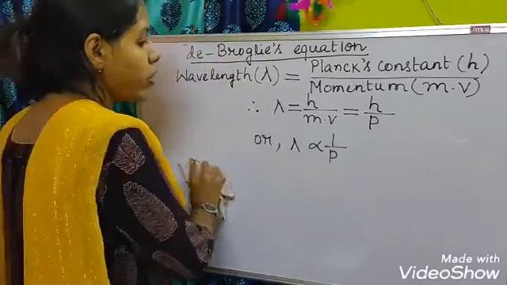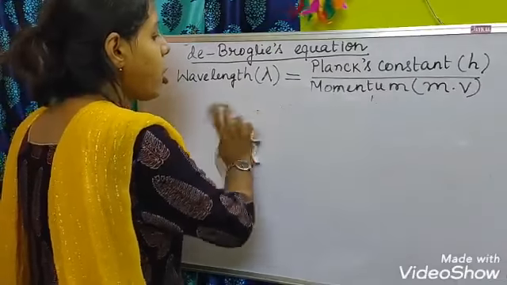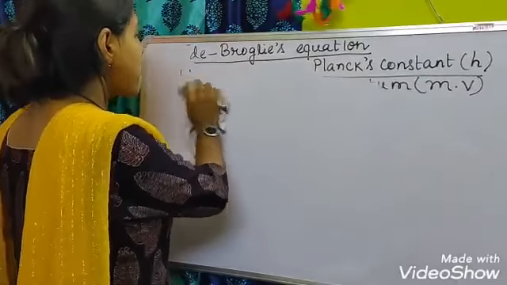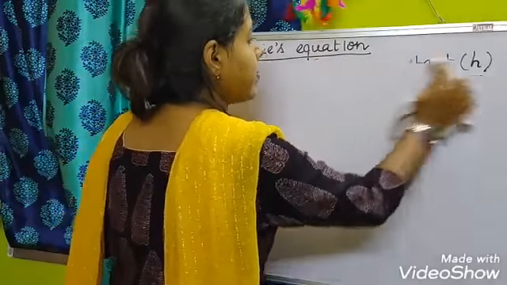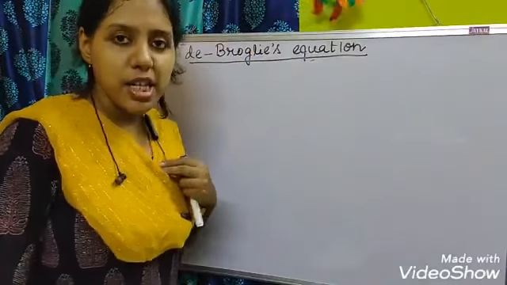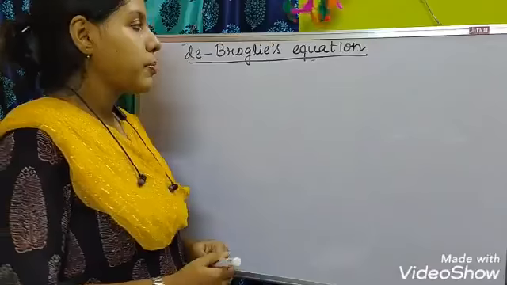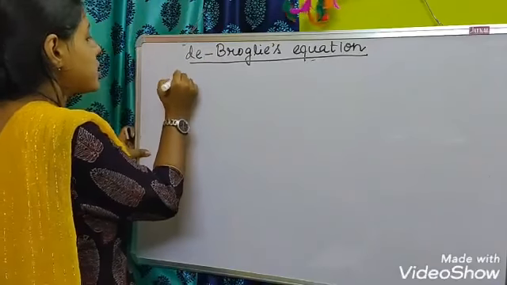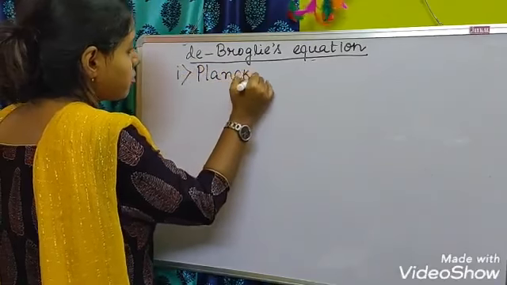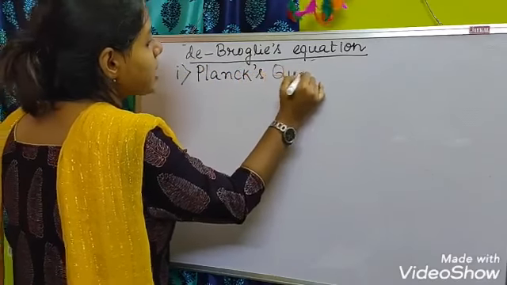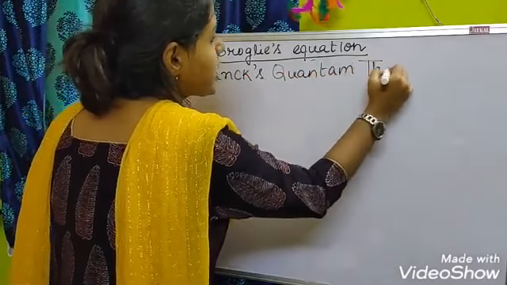Next we will derive the same equation. Derivation of de Broglie's equation by using Einstein's theory of mass and energy conservation and Planck's theory. First, Planck's quantum theory.